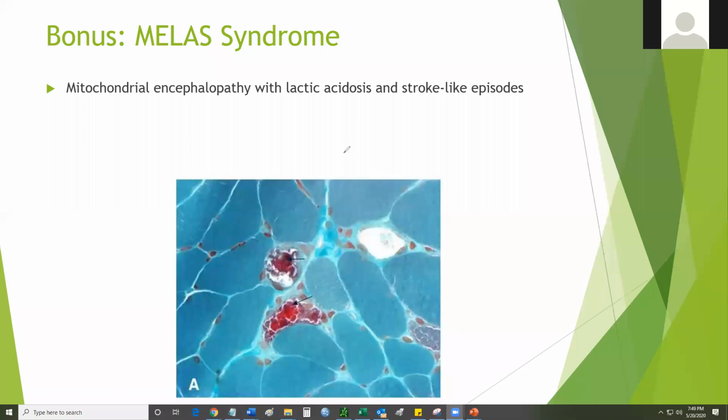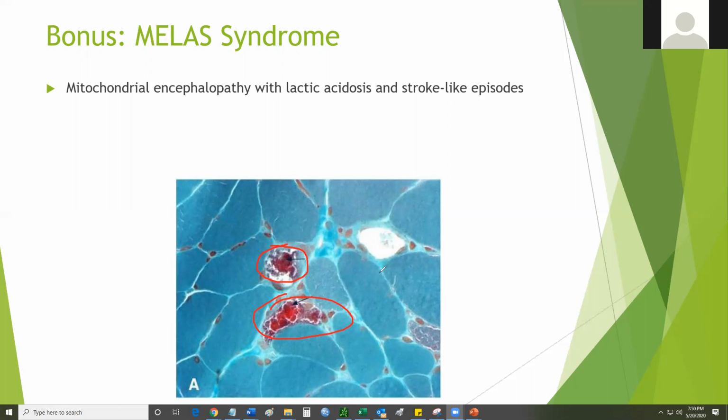With MELAS, the big problem is right here. Now, this is a stain of your mitochondria. Your mitochondria should look like this. When you see them looking like this, or where these red blobs are, that's what are known as ragged red fibers. What happens here is the mitochondria themselves are considered diseased and they don't work properly.